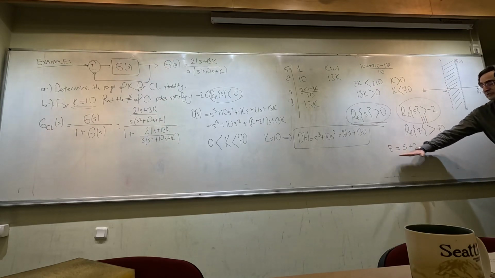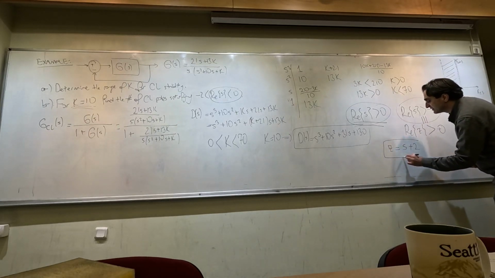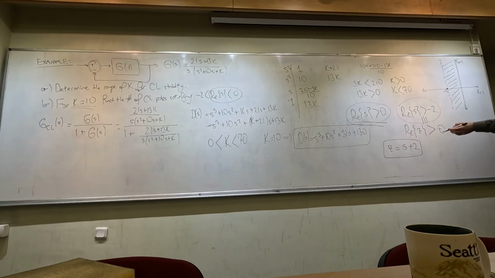So with this definition, the origin of the z plane corresponds in the s plane to s equals minus 2. Then this inequality is equivalent to this inequality. From this definition, I see that s equals z minus 2.